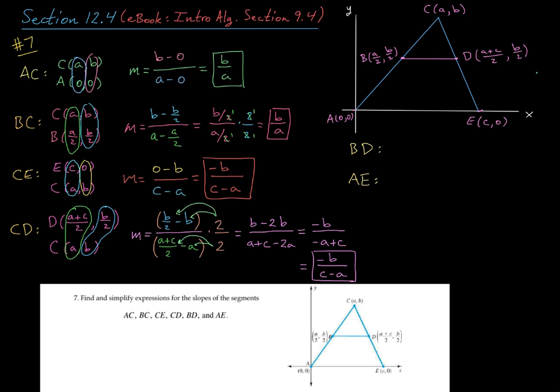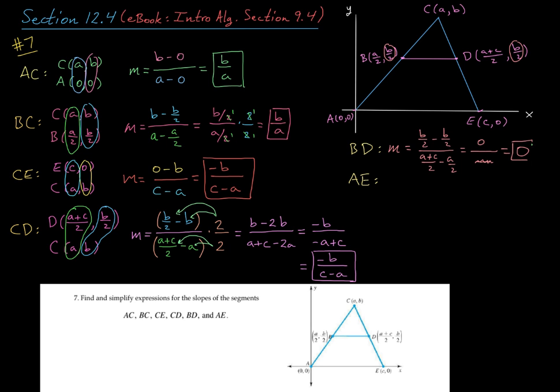So when I subtract this y coordinate and this y coordinate, I get for the slope b over 2 minus itself, divided by a plus c over 2 minus a over 2, which I don't really care about because I'm going to get 0 over something, and that is of course 0.